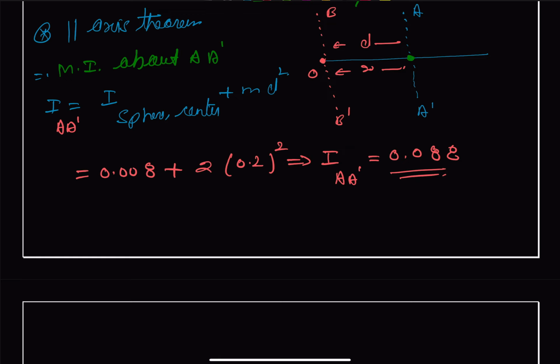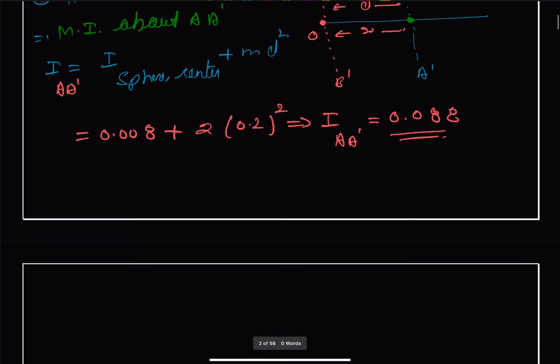Similarly, because the sphere is the same, distance is the same, mass is the same, we can simply say the total moment of inertia, let us call this I T, with respect to axis A prime will be double the moment of inertia for A prime.